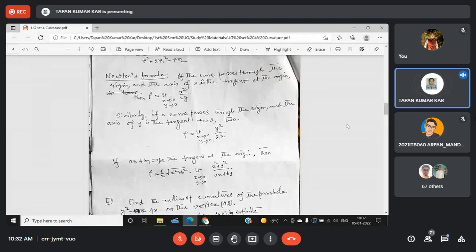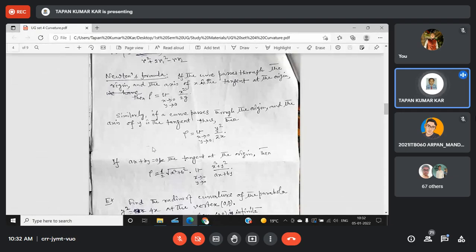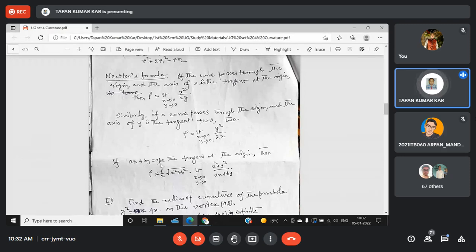But it is not always like that. Always the curve passes through the origin, but the x-axis or the y-axis will not always be the tangent. Sometimes some other line may be the tangent. So, for example, if ax plus by equal to 0 is the tangent at the origin, then the radius of curvature is half root over a square plus b square, times x square plus y square by ax plus by.